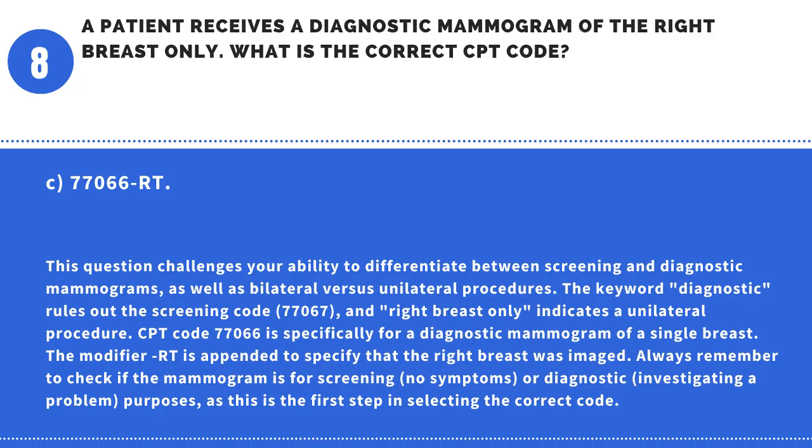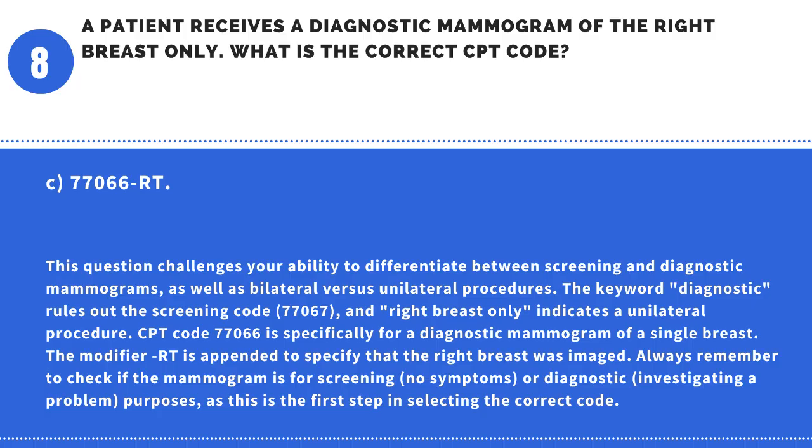77066RT. This question challenges your ability to differentiate between screening and diagnostic mammograms, as well as bilateral versus unilateral procedures. The keyword diagnostic rules out the screening code 77067, and right breast only indicates a unilateral procedure.